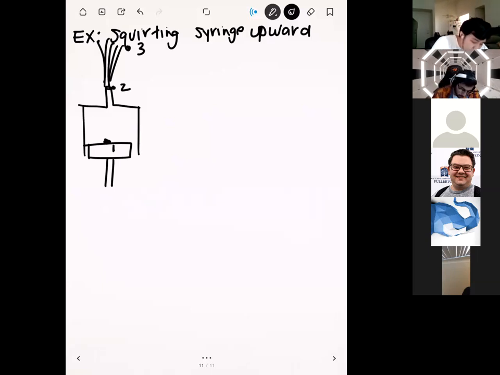So let's talk about the kinetic energy of this flow. Let's talk about the gravity. And then finally, let's talk about the pressure. And let's just characterize their relative magnitudes from each other.